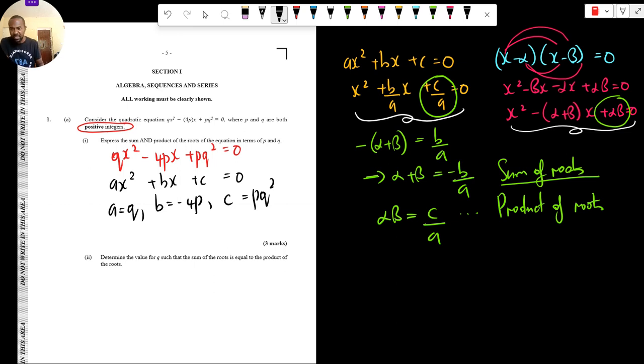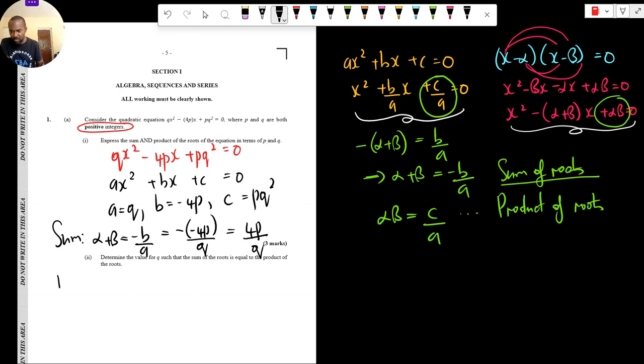And therefore, what this means is that the sum of the roots, alpha plus beta, is equal to minus b over a, which of course will be equal to minus minus 4p over q, which of course gives us 4p over q.